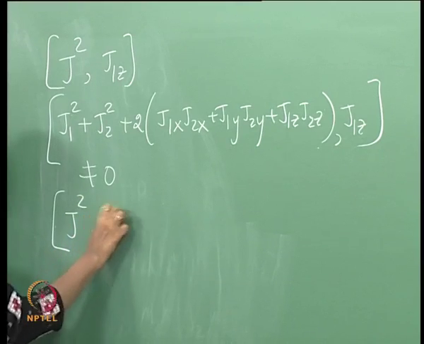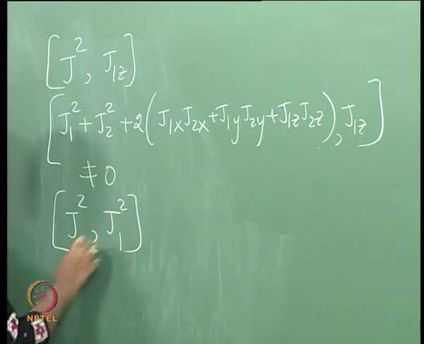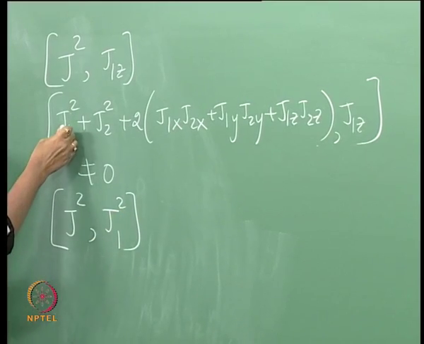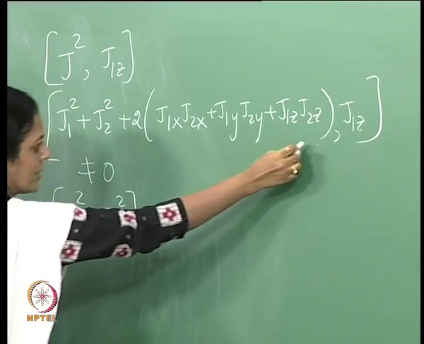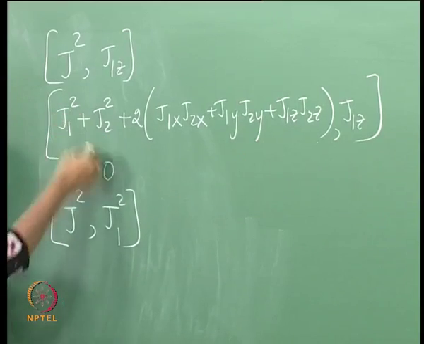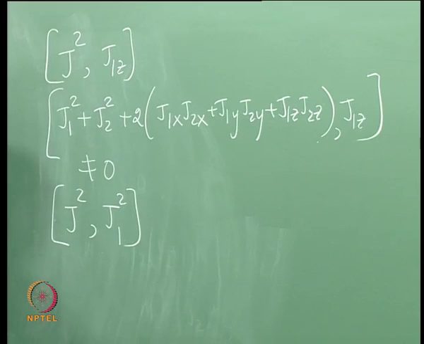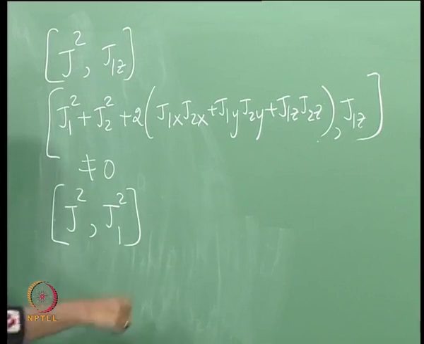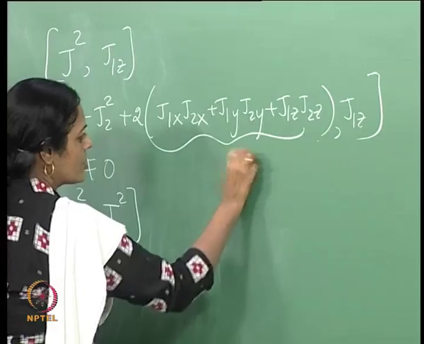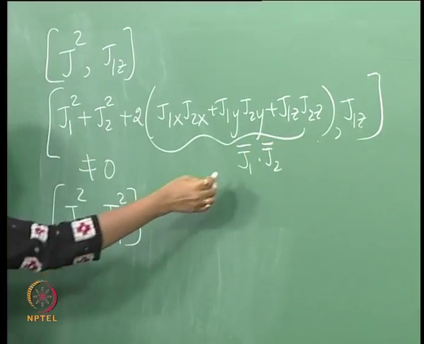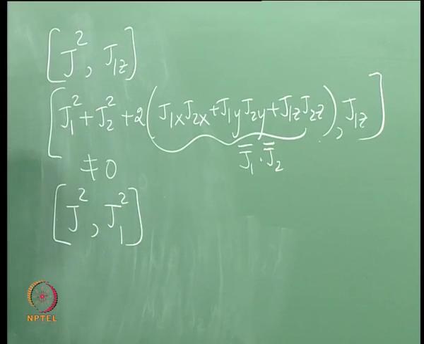But what about j squared and j1 squared? This is all right, because when I expand j squared in this manner, j1 squared commutes with itself, j2 squared and j1 squared commute because they are two different systems, and this is j1 dot j2. j1 commutes with j1 squared and j2 commutes with j1 squared.